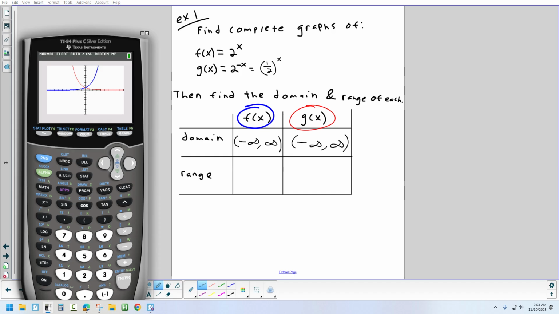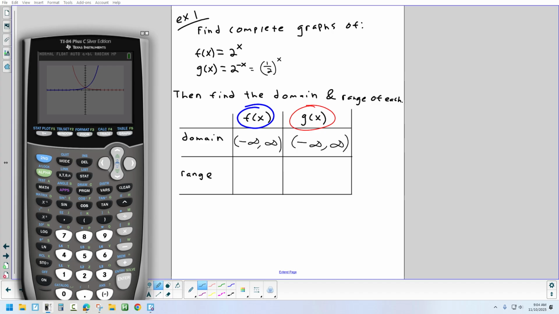Layla, what's the range of f of x? Yep, y is greater than 0. And how about g of x? So you think the red one is every number that's below the x-axis? Yeah.